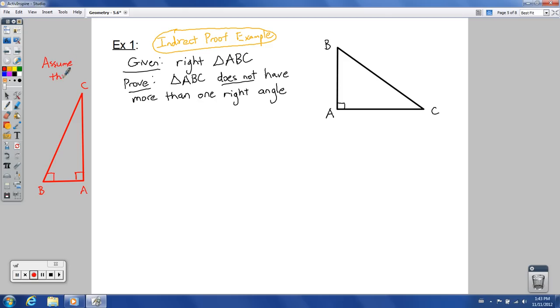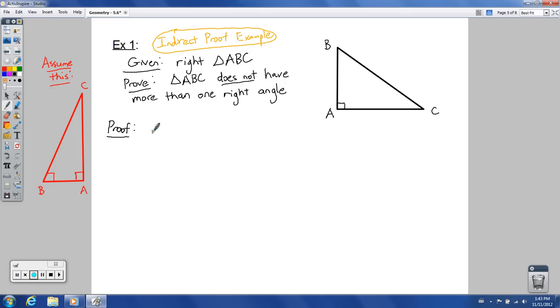So assume this. We are assuming the opposite of what we're trying to prove. We're assuming that it does have more than one right angle right here. So we're going to assume the opposite. Let's put this here in black, so this is in your pencil again. We're going to assume this is true.